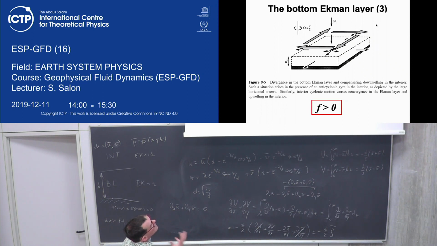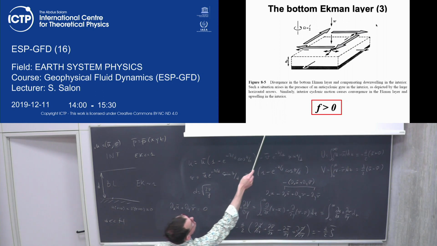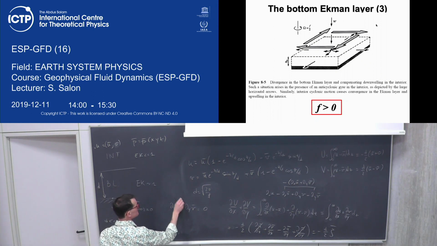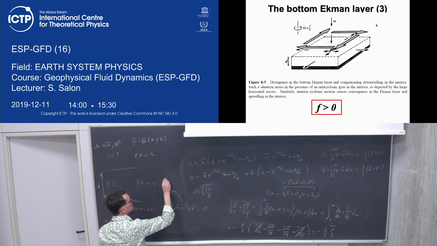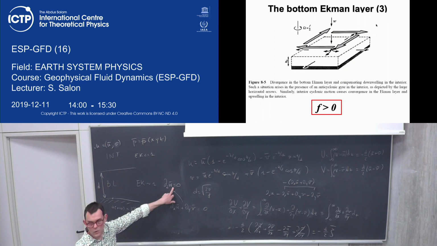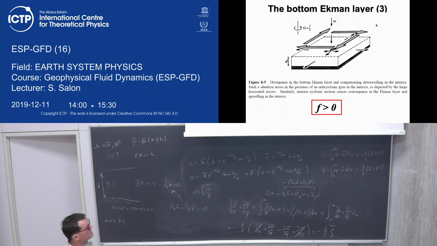So there is still something, because as you can see here, there is a vertical velocity. Because if we have this in our geostrophic flow, we know also that w bar, which is the vertical velocity in the geostrophic flow, shouldn't change in z.